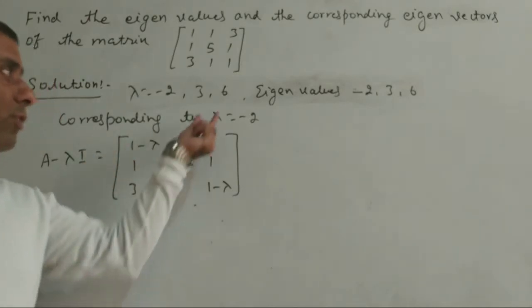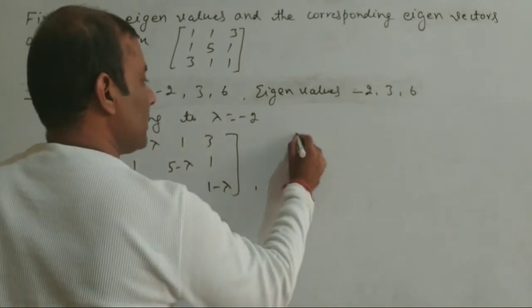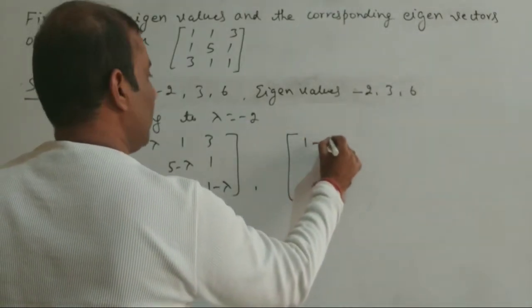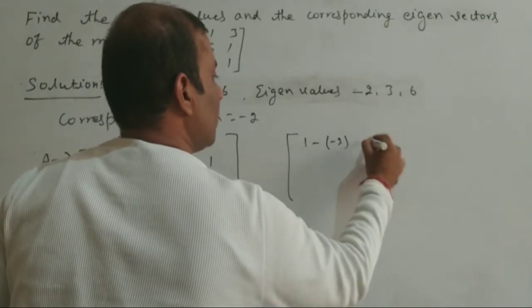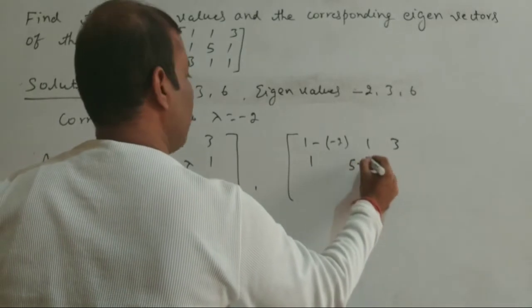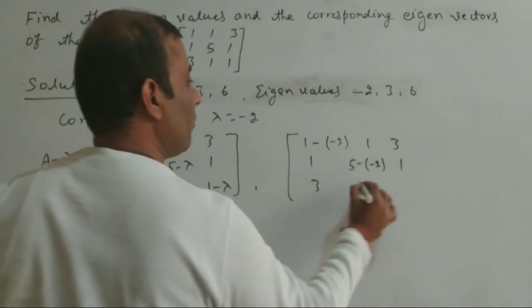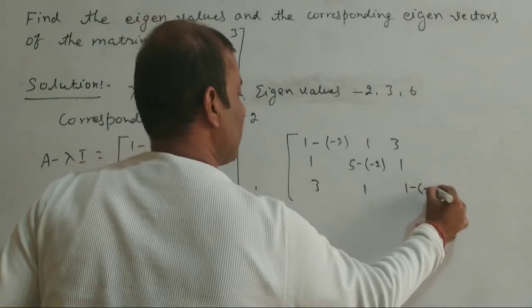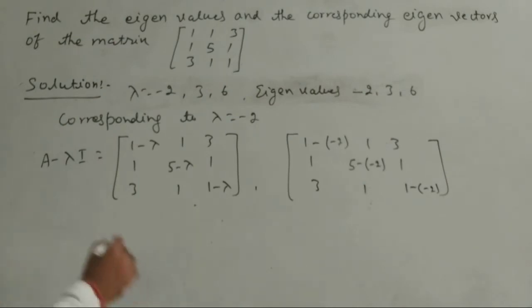Corresponding to this we have to solve. When you put lambda equals minus 2, this becomes 1 minus minus 2, 1, 3; 1, 5 minus 2, 1; 3, 1, 1 minus of minus 2. Clear?